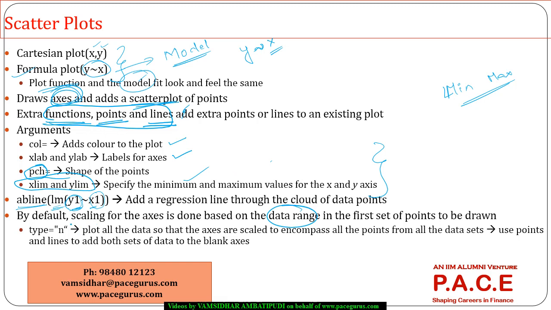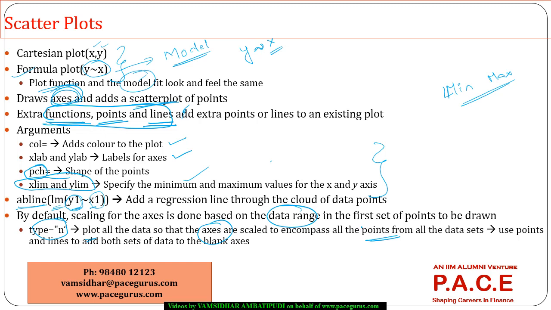And then, in case you are setting type equal to n, basically the graph is plotted so that the axes are scaled to encompass all the points from all data sets.